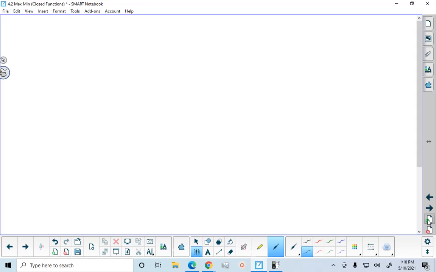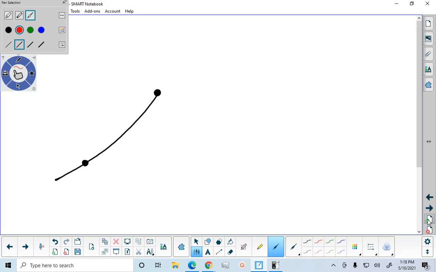Let's go back to the original definition of the slope of a tangent, which morphed into the definition for a derivative. If we wanted to know the slope of the tangent at this point, then what we did was we took another point and we said, let's draw and calculate the slope of the secant.